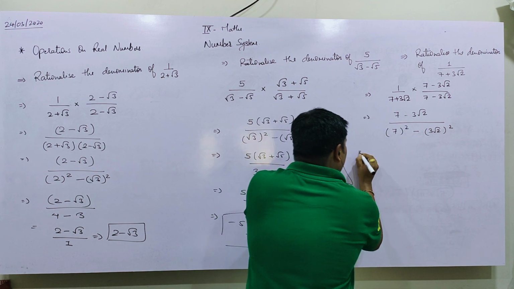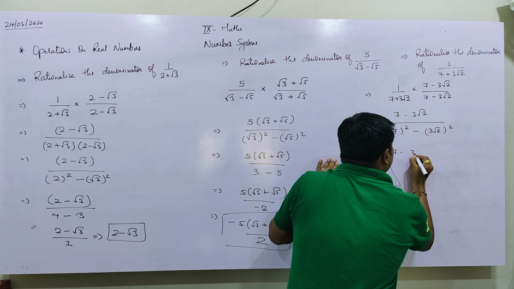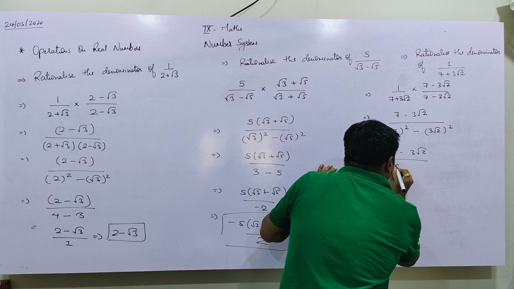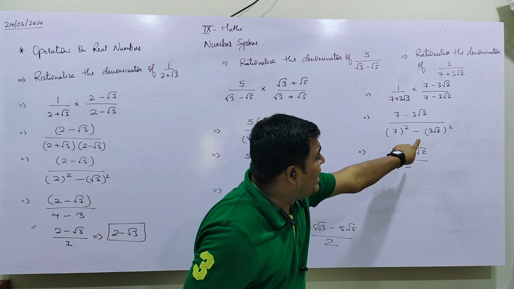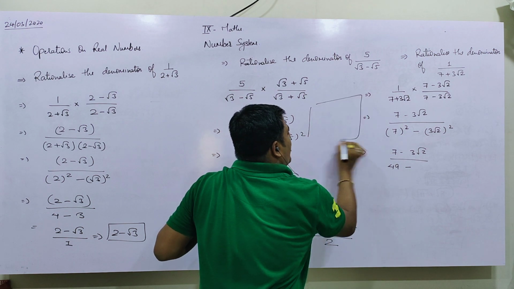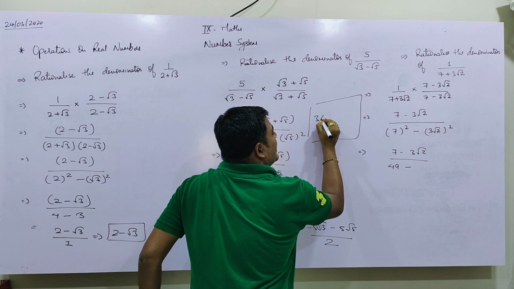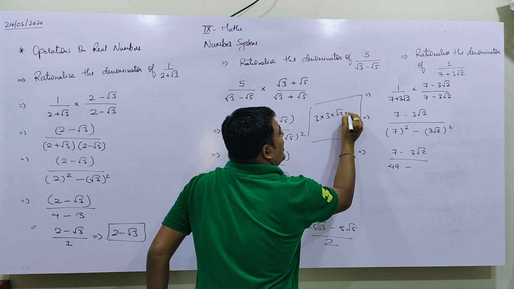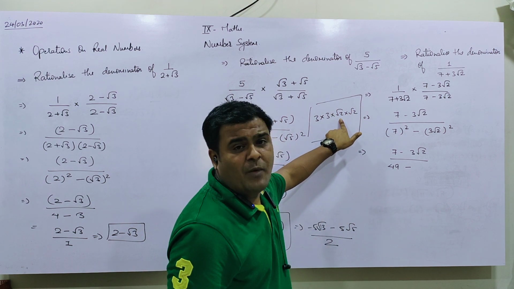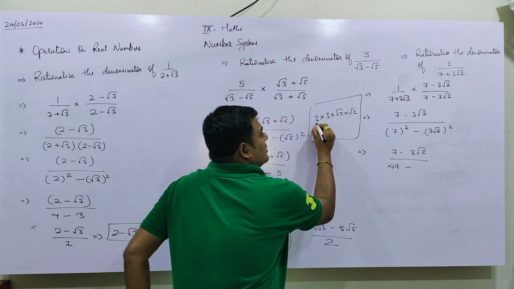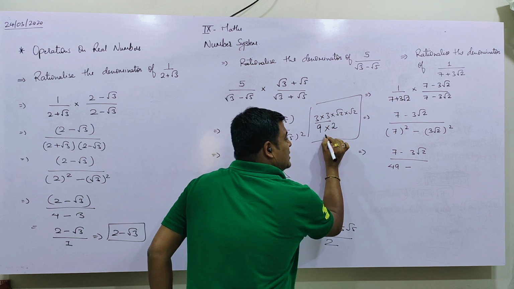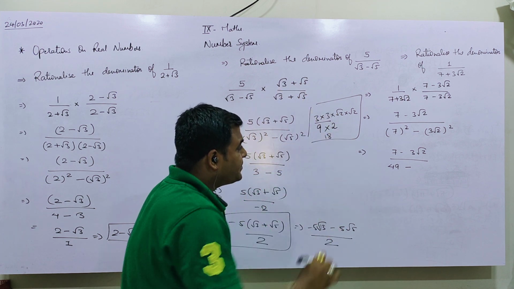Now let us see the denominator. 7 square, 7 sevens are 49. Here now see, we have 3 whole square and root 2 whole square. So here I am going to teach you 3 into 3 into root 2 into root 2. 3 square means 3 into 3 and root 2 square means root 2 into root 2. Now 3 threes are 9, root 2 into root 2 is 2, 9 twos are 18.